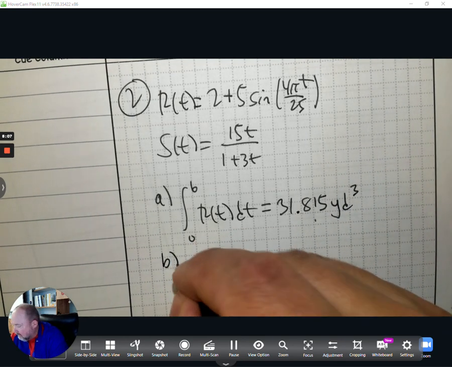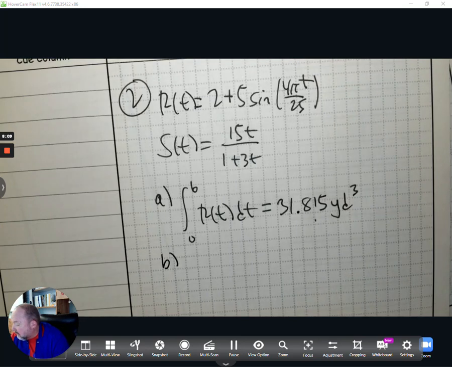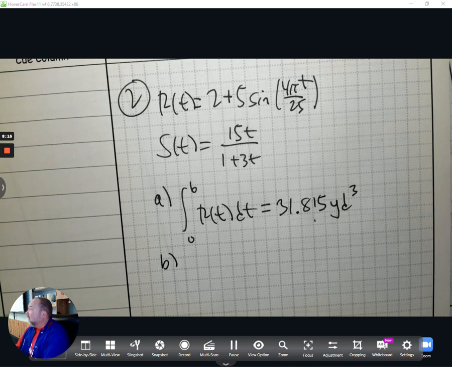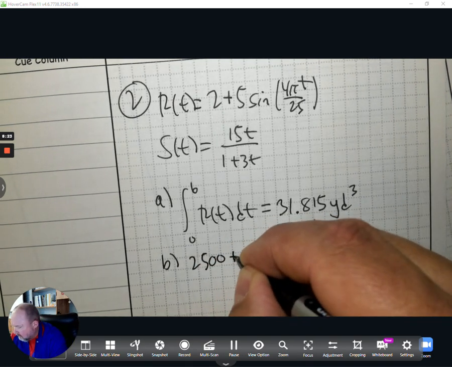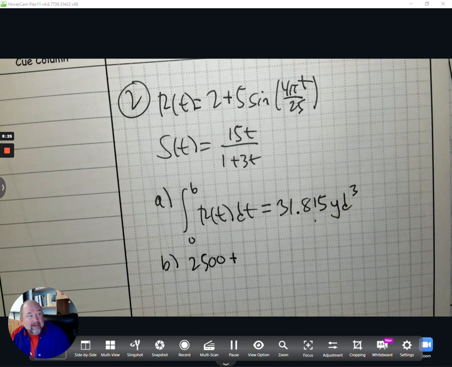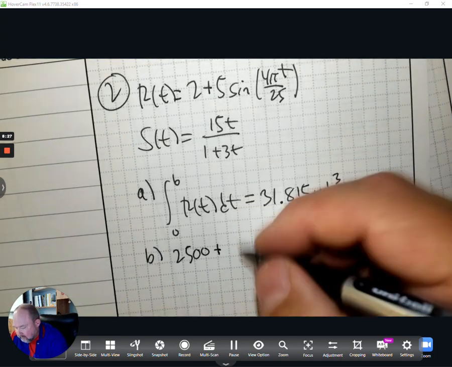All right, part B. Write an expression for the total number of cubic yards of sand on the beach at time t. This question requires, is there any sand to begin with? So read carefully. Is there any sand to begin with? Yes. How much sand to begin with? Okay. Then, is sand being added? Say yes.